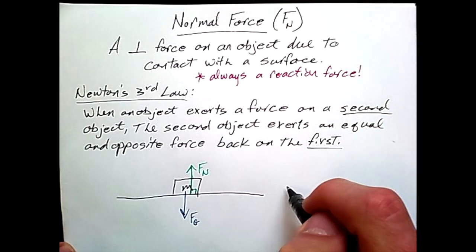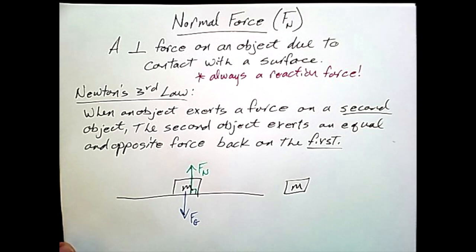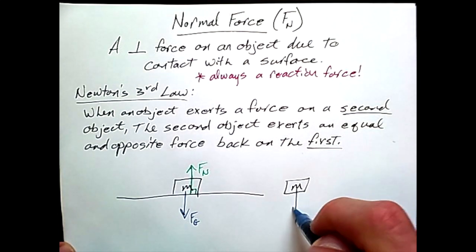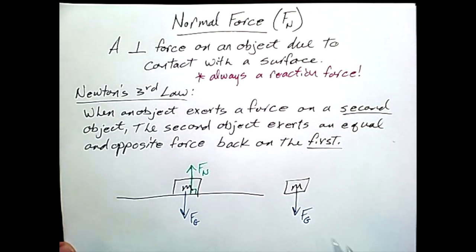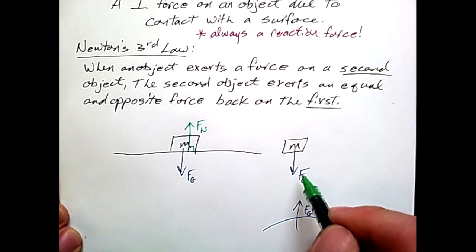So if I draw just the mass, then I'm able to analyze the free body diagram. The weight force is due to the earth pulling on the mass, and we know that the reaction force of that we talked about was the earth being pulled up by the mass. So these are the action-reaction pairs. So gravity is acting down on the mass.